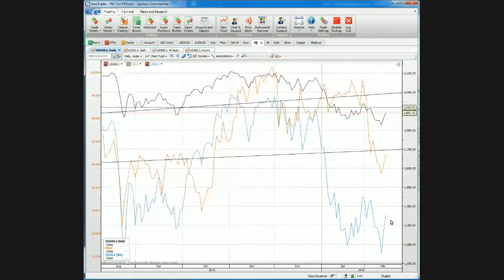Blue line is the Dow, 16,200, and the dollar. So it shows how these markets are reacting with the dollar. Some clear correlation with an improving dollar picture.